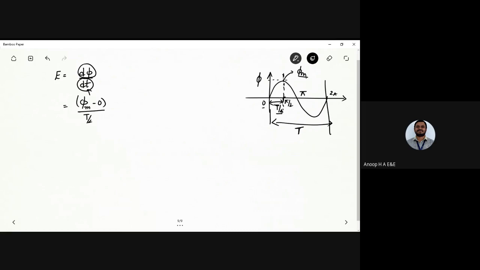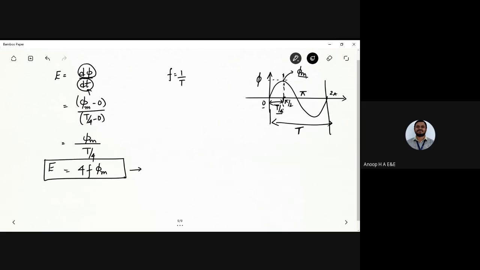I can write it as T by 4 minus 0. I'll have phi m divided by T by 4. I can also write it as 4 into f, where the frequency is 1 divided by T, into phi m. So EMF would be E equals 4 into f into phi m. Got it? So E equals 4 f phi m.